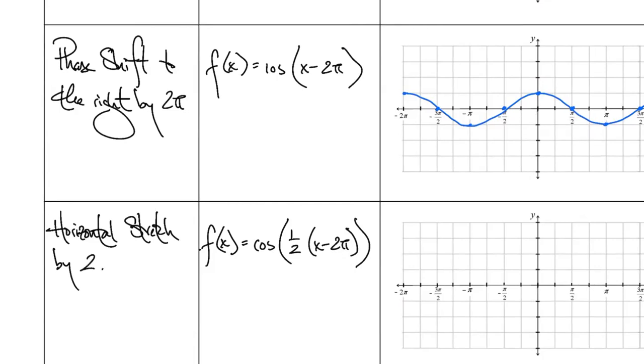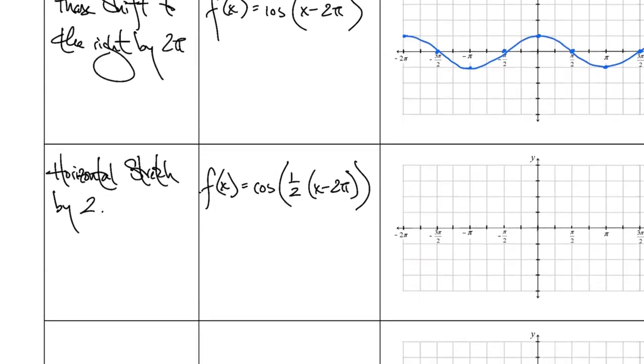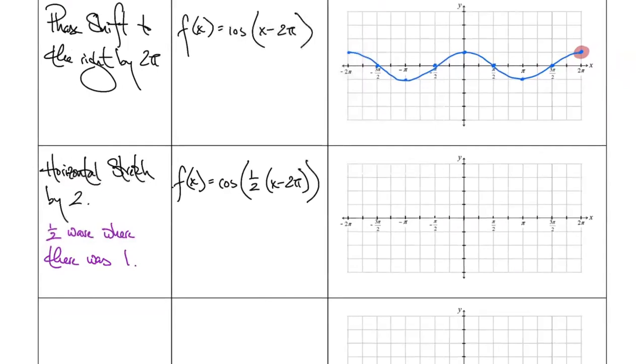We are going to be doing a horizontal stretch, but I want us to keep in mind what that 1/2 also means, right? The 1/2 means there is now a half a wave where there was 1, okay? In other words, I see 1 wave here, but now in that same space, I'm only going to see a half a wave. Okay, so it's going to stretch out sideways.